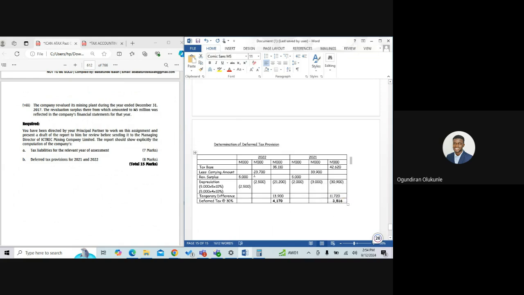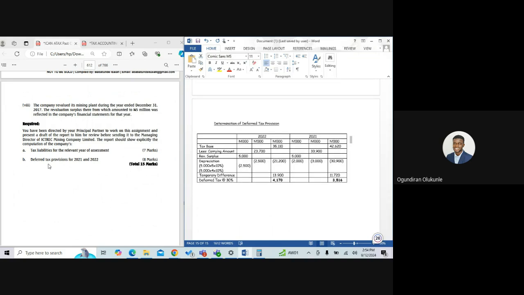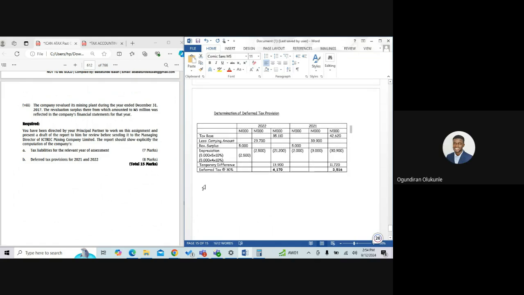So your assignment is you will do the presentation for this question. I didn't do the presentation for it. They didn't require it, but you are supposed to do the presentation. That's your assignment: presenting in the statement of financial position and the statement of profit or loss.